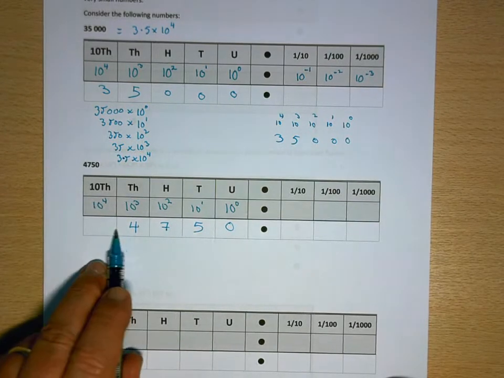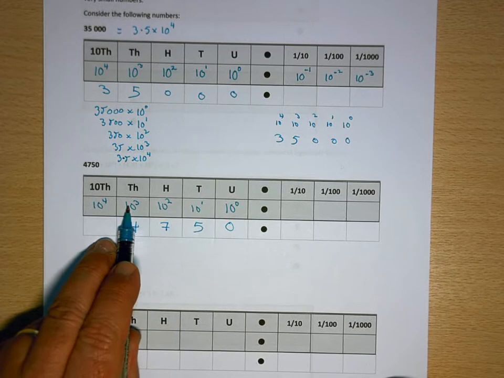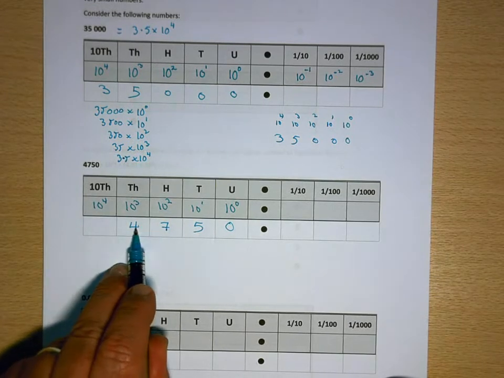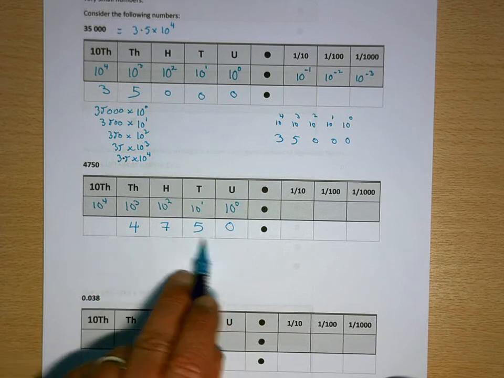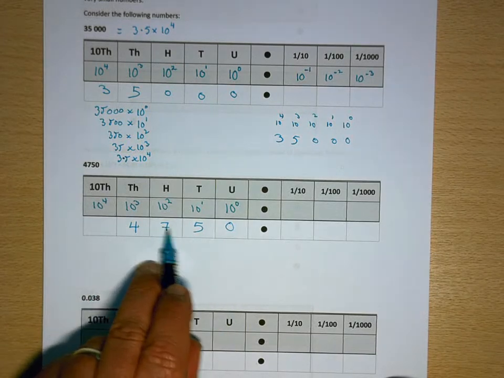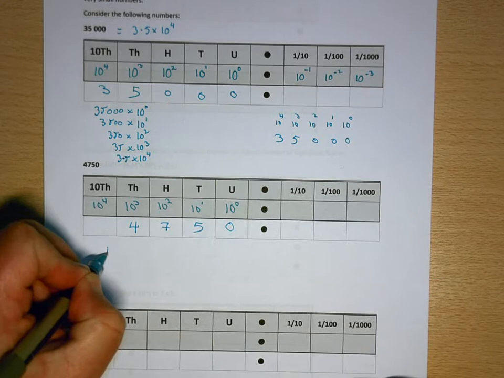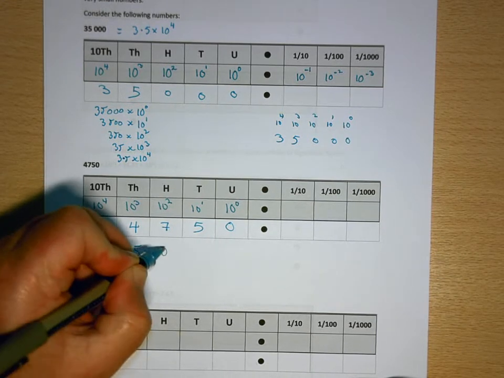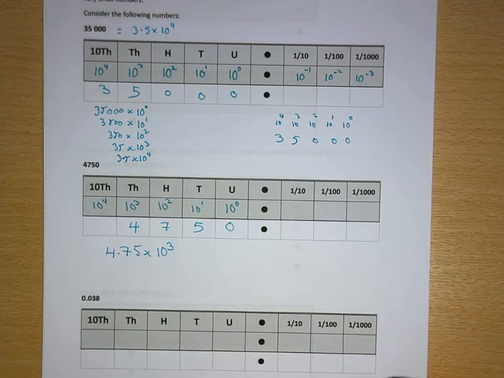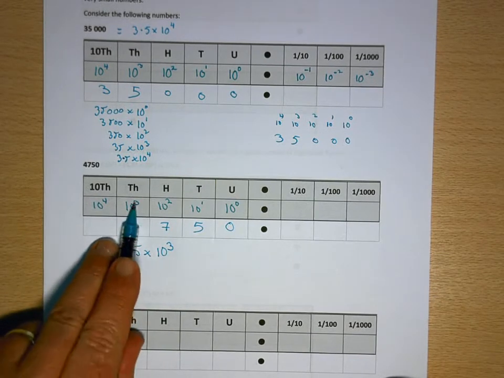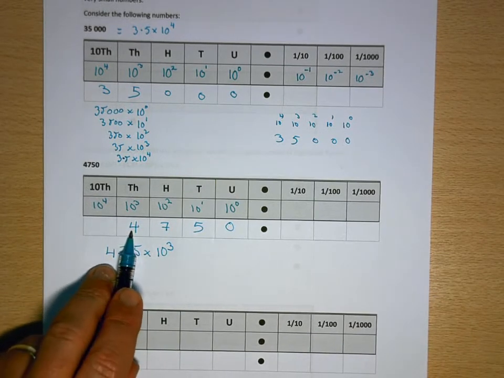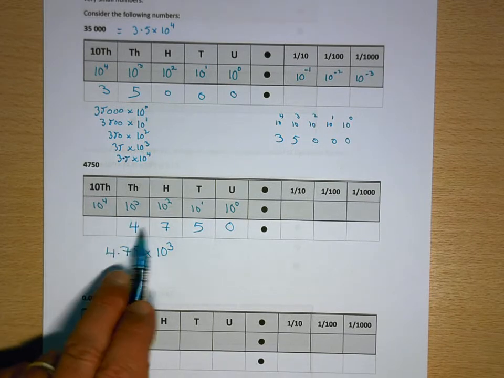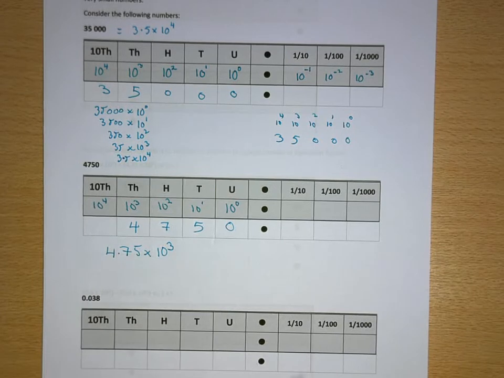So this one is going to be 4 times 10 to the 3, but it's not 4 times 10 to the 3, it's between 4,000 and 5,000, so it's going to be 4.75 times 10 to the 3. So I'm looking for the column with the greatest place value, that's giving me the power, and then it'll be 4.75 times 10 to the 3.